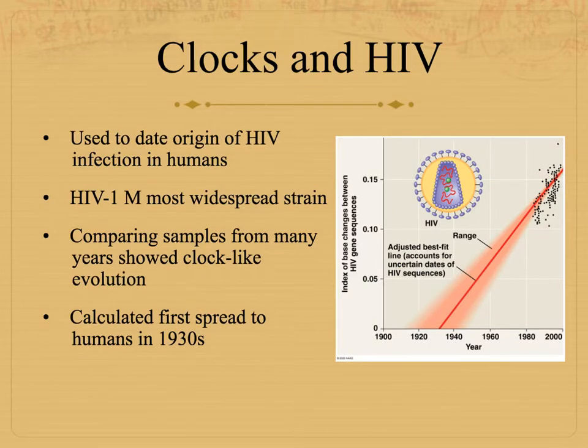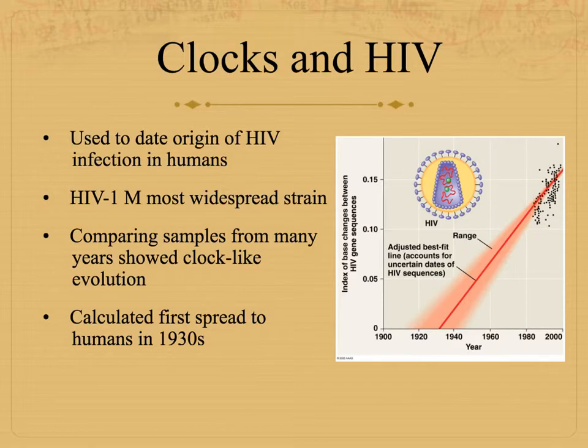Okay, so we've got human immunodeficiency virus. And we used a molecular clock to date the origin of HIV infection in humans, to figure out when it was that humans first became infected with HIV. There are many different strains of HIV, but they looked at HIV-1M, which was the most widespread strain.